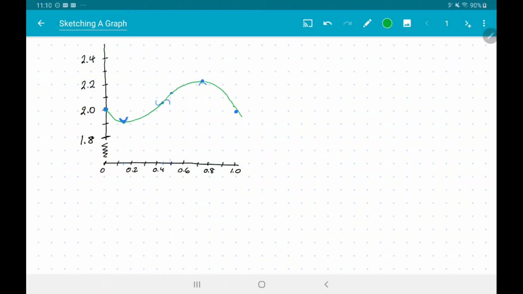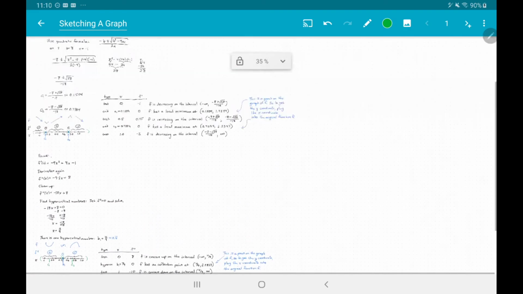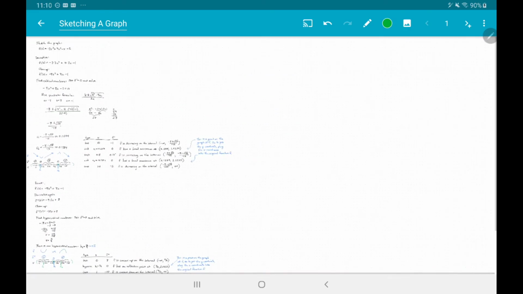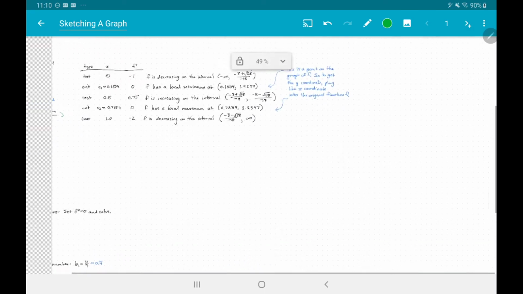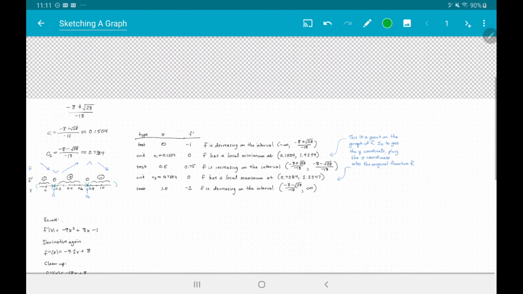So again, to summarize, we started by doing all of the f prime information. That's critical numbers, and then test numbers to tell us where f is increasing and decreasing.